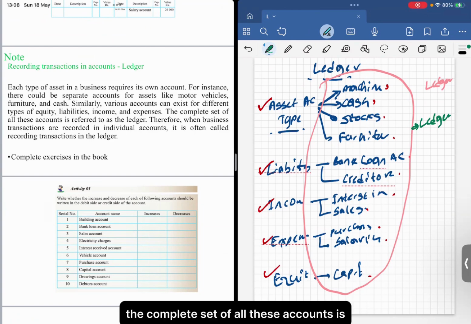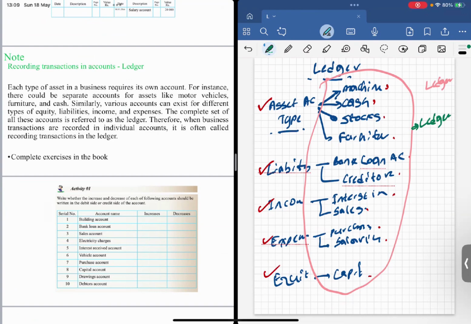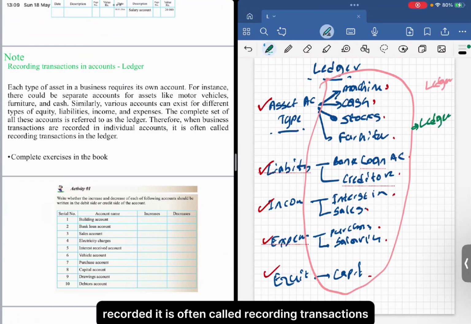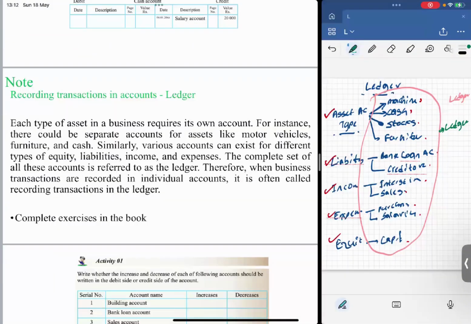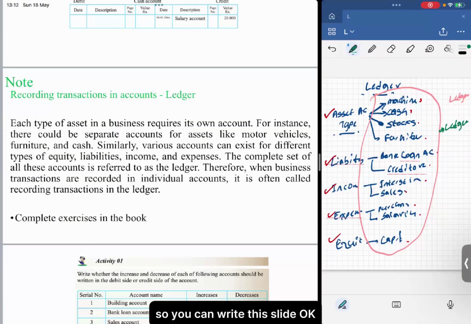The complete set of all these accounts is referred to as the ledger. Therefore, when business transactions are recorded in individual accounts, it is often called recording transactions in the ledger. Okay, so take a couple of minutes and write this note in your notebook. Recording transactions in accounts.